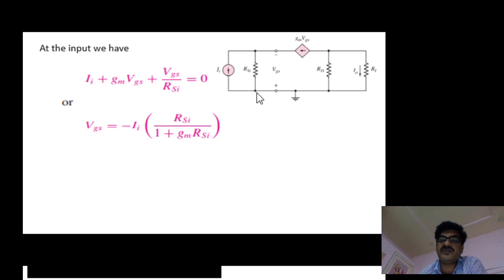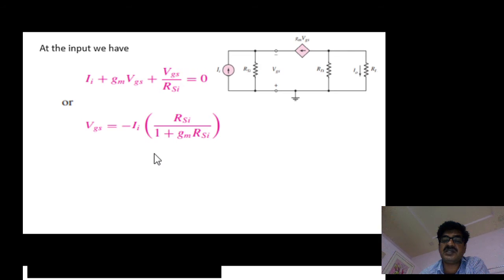Writing the KCL equation at the source node, II plus VGS divided by RSI plus gm VGS equals 0. Therefore VGS equals minus II into RSI divided by 1 plus gm RSI. From this KCL equation you need to get the VGS.